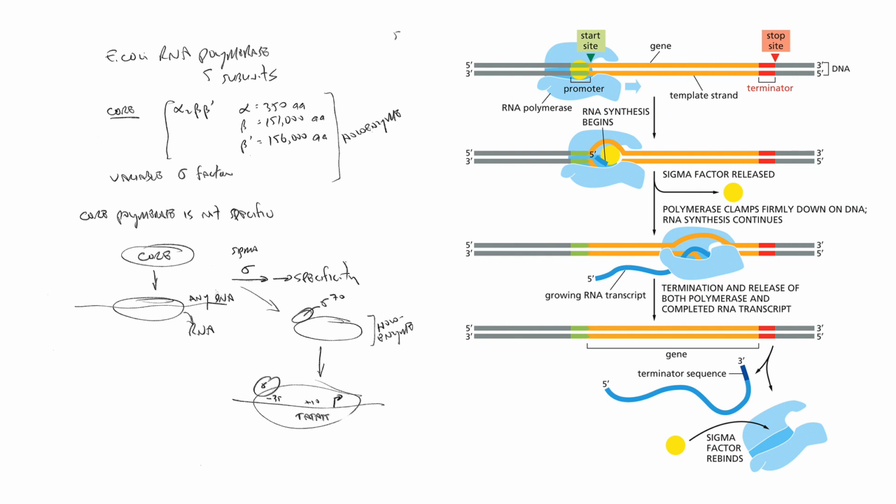There's, and I have that in brackets, one copy of what's called an alpha subunit, 350 amino acids. There's a beta subunit, which is much larger, 151,000 amino acids. And then there's the beta prime, which is 156,000 amino acids. These come together and form a complex, which is called the core polymerase.